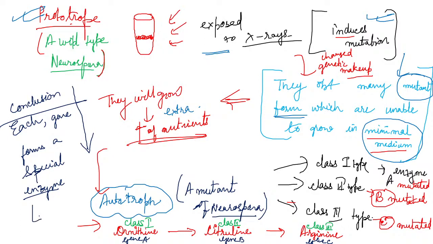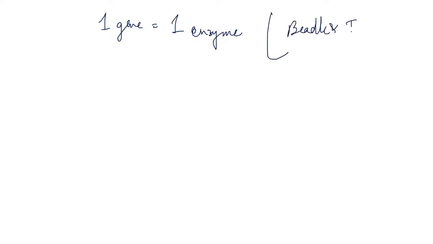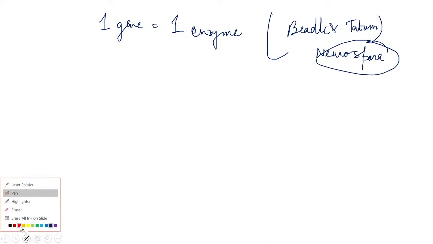So after this we got the one gene, one enzyme hypothesis. It was given by Beadle and Tatum, who worked on wild type Neurospora, from where they got auxotrophs, right?